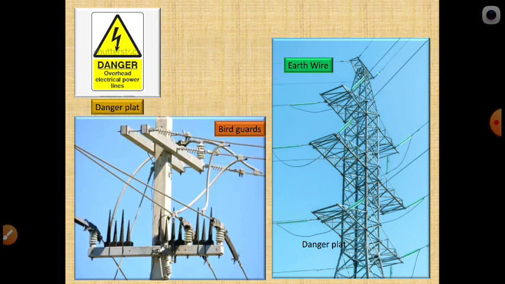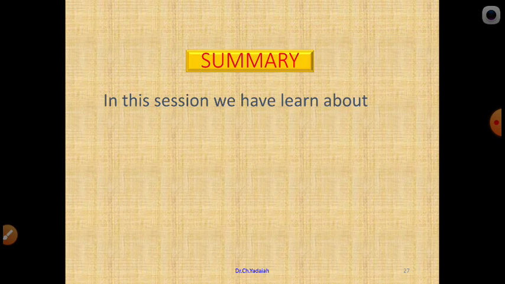The earth wire shields the whole transmission line along its length, and it is solidly grounded at each tower to the earth in the ground. This is one example, and these are some supporting items.